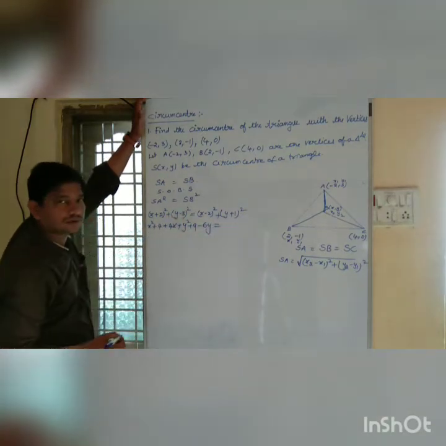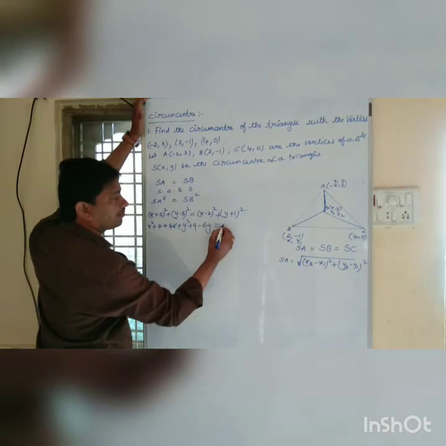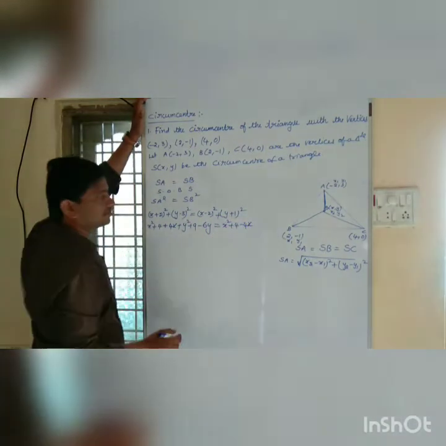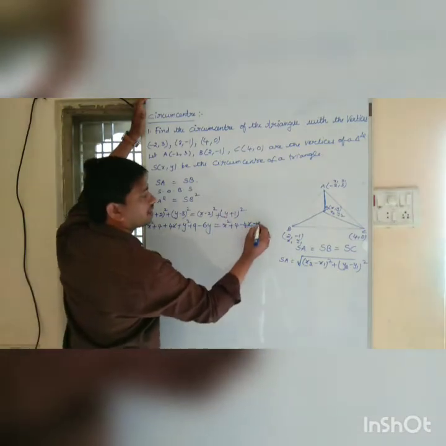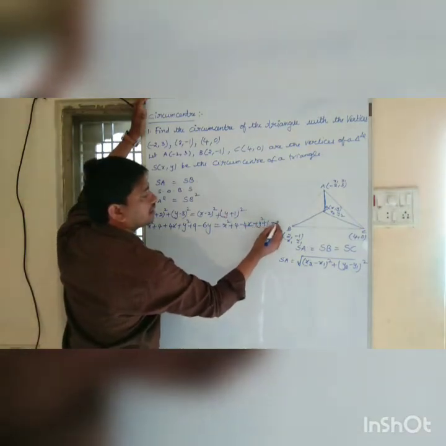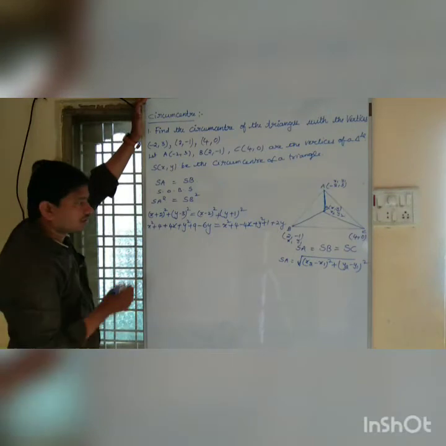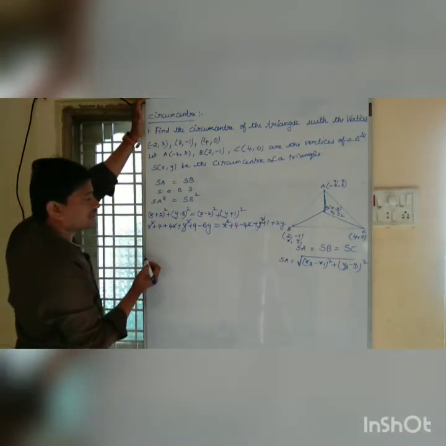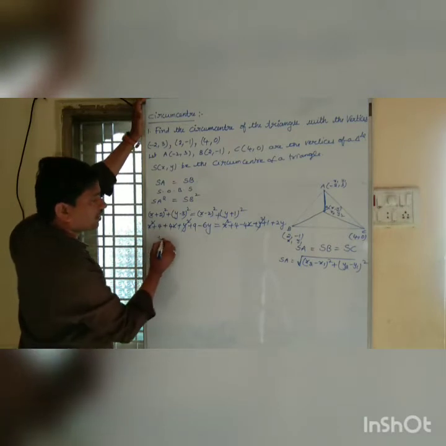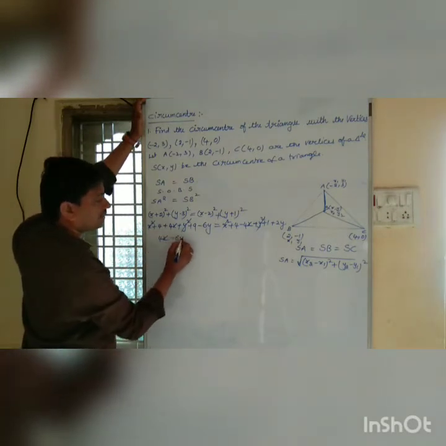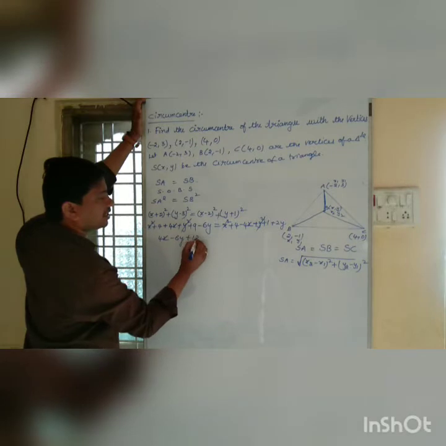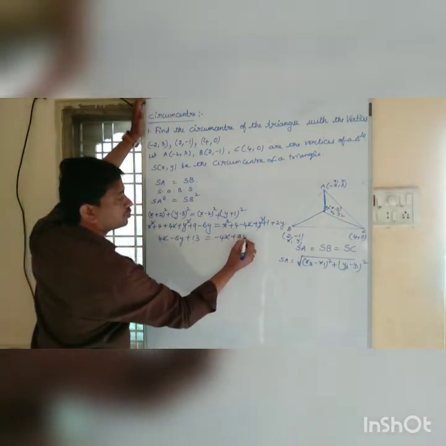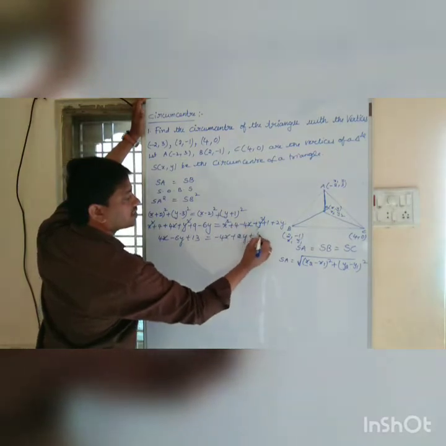Again a minus b whole square is a square plus b square minus 2ab, a plus b whole square is a square plus b square plus 2ab. So x square gets cancelled, y square gets cancelled, right? Here we have 4x, minus 6y, 4 plus 9, that is 13, equal to, here we have minus 4x plus 2y, so 4 plus 1, which is equal to 5.